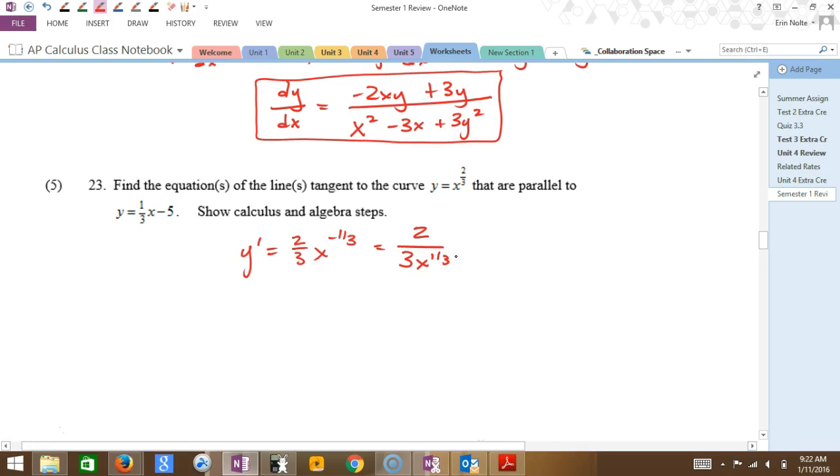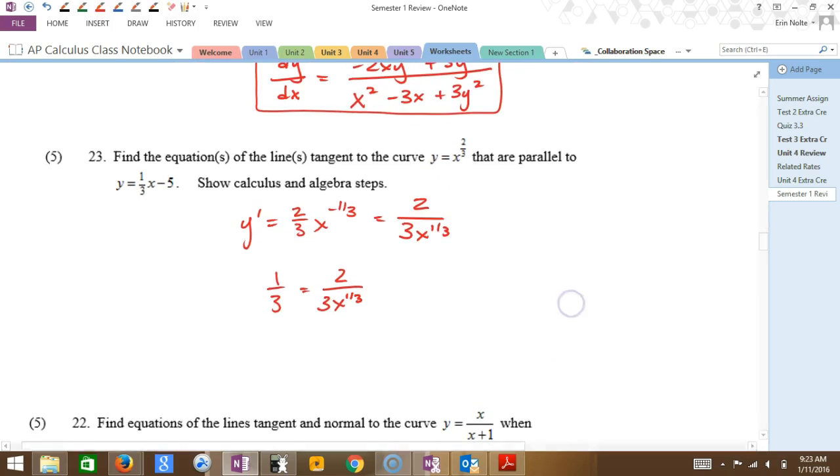Okay, so now since I know the slope that I want it to equal, I'm going to set it equal to what slope? 1/3, good. So I'm going to have 1/3 equal to that first derivative, so I can figure out exactly what x value makes that slope equal to 1/3. I'm going to cross multiply since I have a ratio set equal to each other.